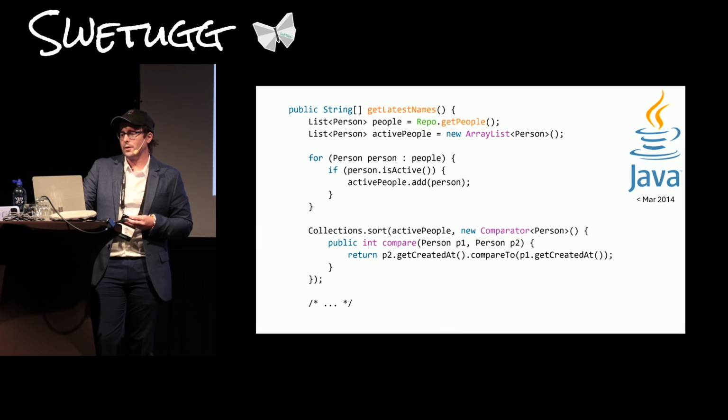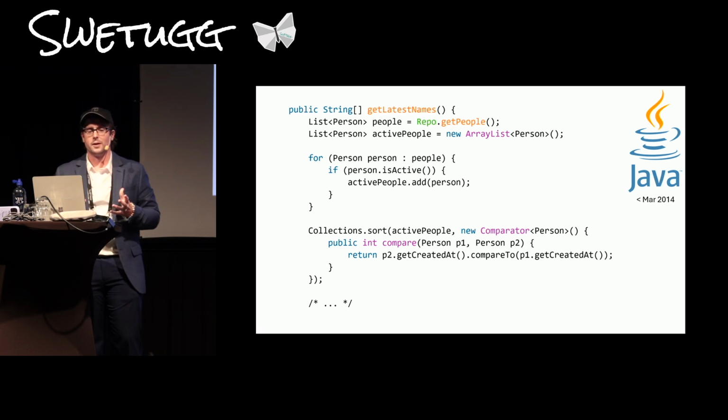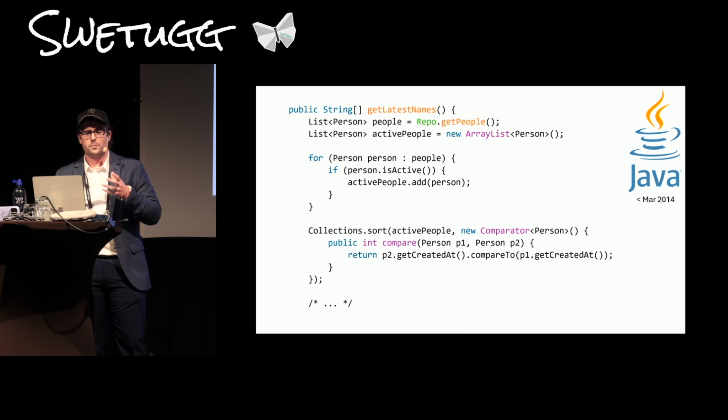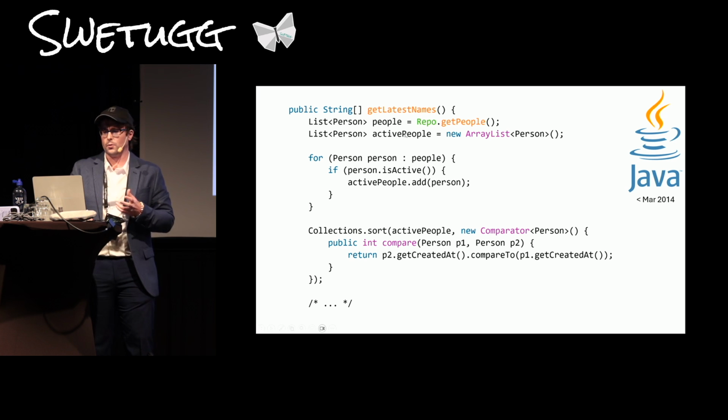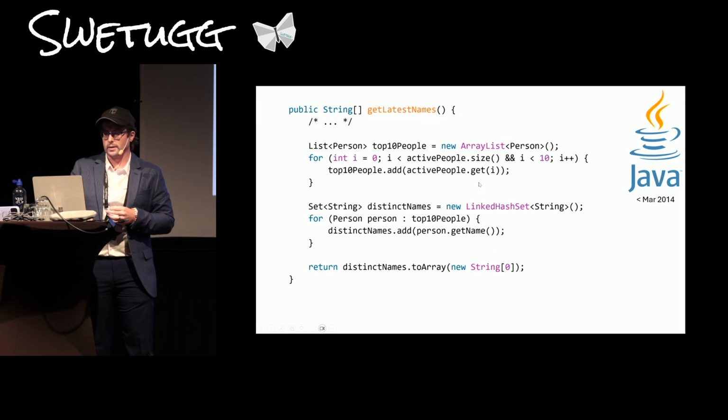Java, that's another story. So here, this visualizes what it looks like. We take LINQ for granted, but don't do that, because this is how it looks without LINQ, where we get the people from the people repo, but then we have to create a new array up here to hold all the active people. We loop all the people. We do an if statement, and if they're active, send them into the array, and then you sort this array, and you have a comparator to look at the created at and compare, and it doesn't end, it continues.